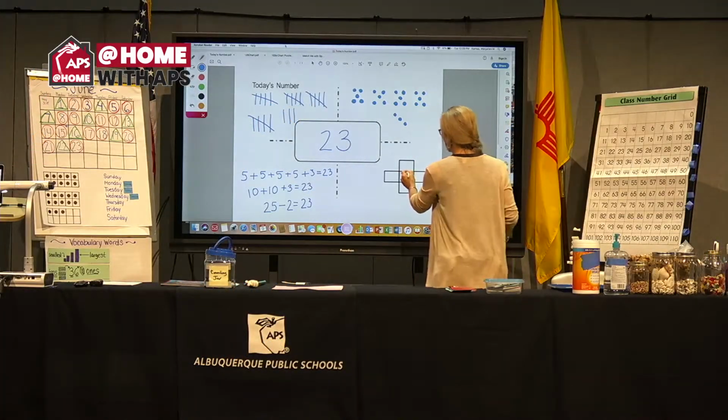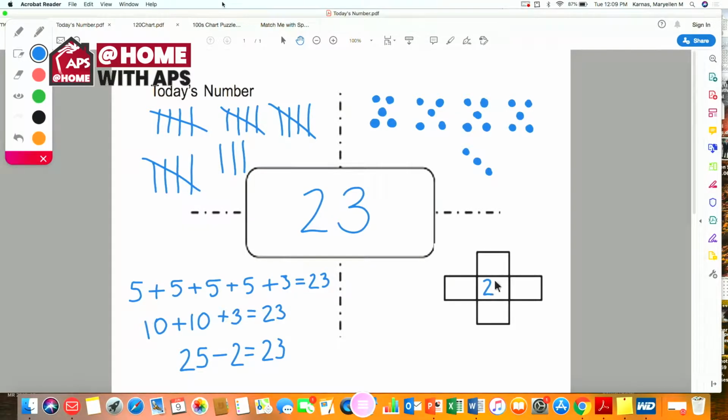All right, if we put 23 in the middle of our hundreds chart representation, what number comes after 23? 24. What number comes before 23? You're right, 22. How about 10 more than 23?